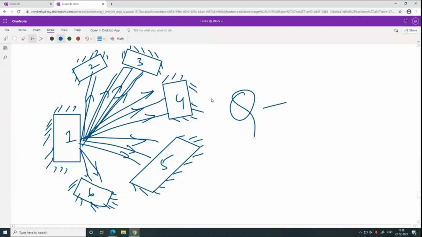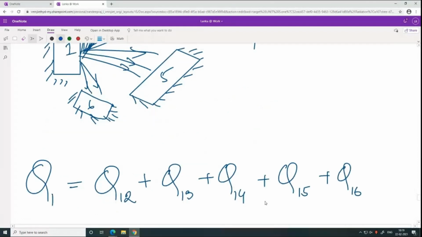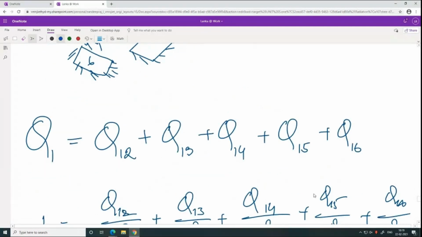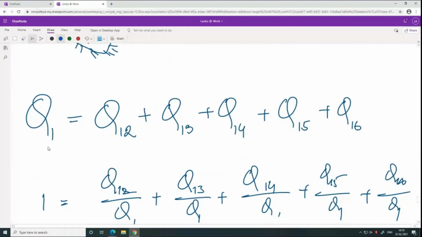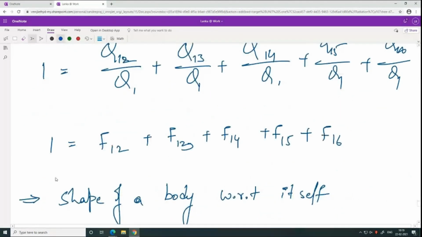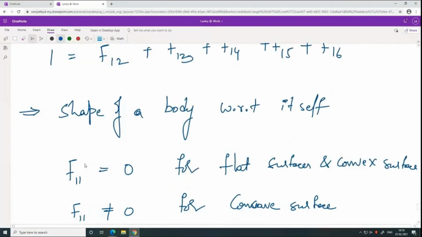If I take the sum Q12 plus Q13 plus Q14 plus Q15 plus Q16, that will be equal to Q1. So the sum of all the shape factors will be equal to 1.